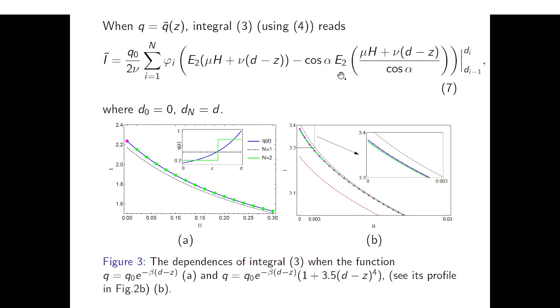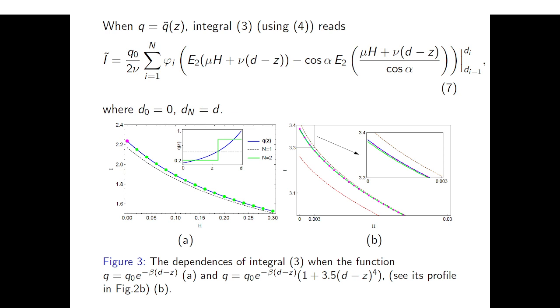Figure 3 shows the comparison of the numerically evaluated integral 3 and the result via formula 7 when the function Q is monotonic for panel A and non-monotonic for panel B. Note also that for the monotonic function Q chosen in the form of an exponential relation, the exact value of integral 3 can be obtained directly. This allows one to compare the results of integral evaluation in different ways.